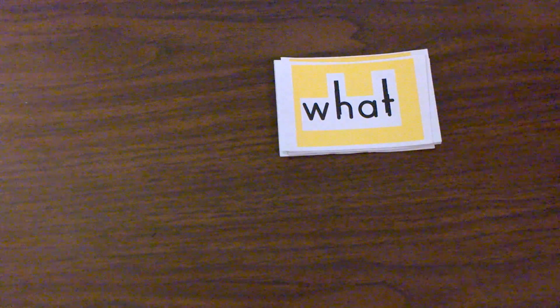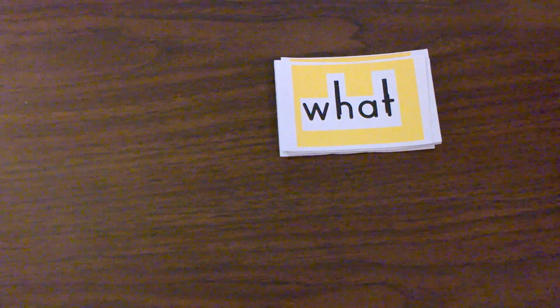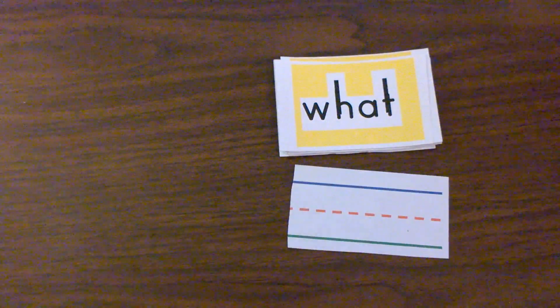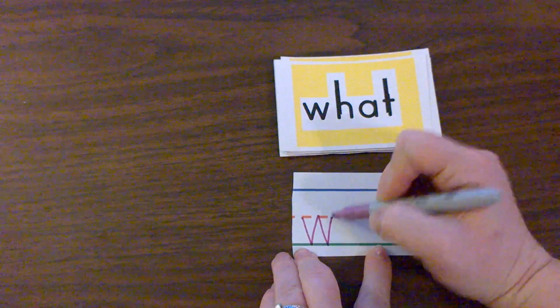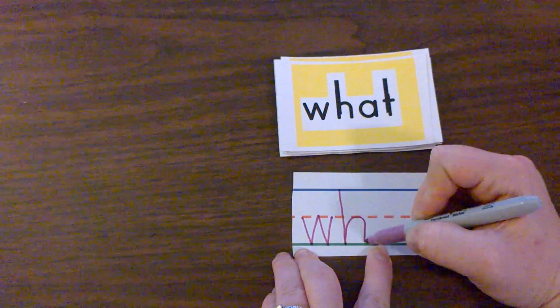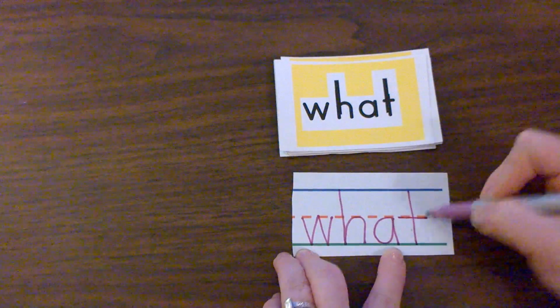The next sight word we'll look at is the word what. What is a question word. W-H-A-T spells what. Let's write the word what. W-H-A-T.